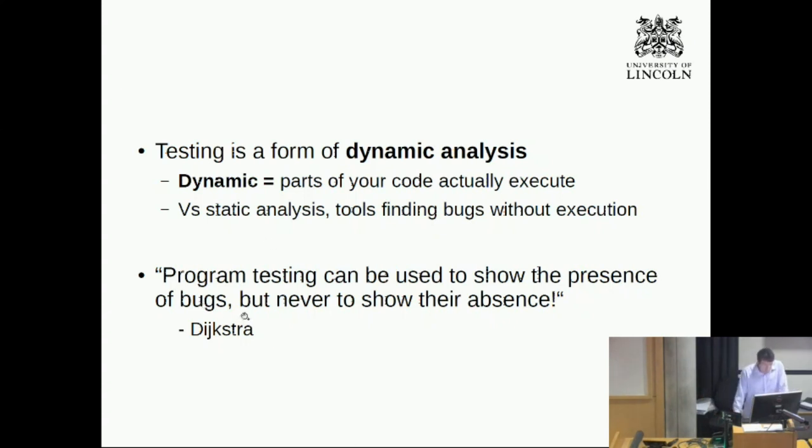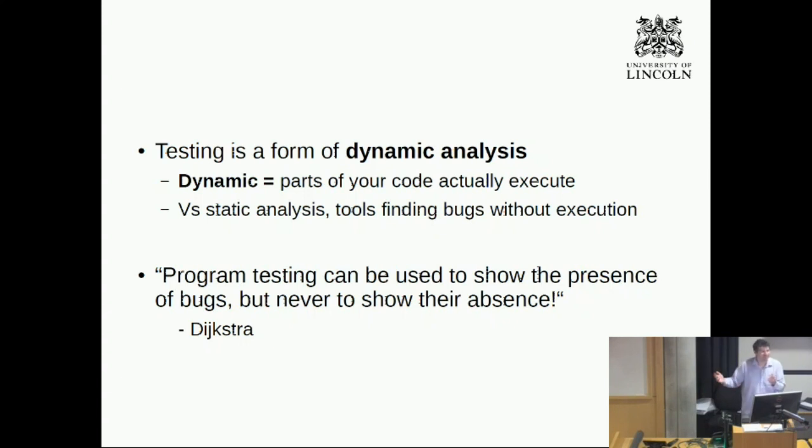Now, we need to be careful with testing because unlike formal proof and verification, program testing can be used to show the presence of bugs, but never their absence. Okay? So say you've written your addition function again, takes two inputs, makes an output. You can write as many tests as you like. You could say check that 2 plus 3 equals 5 and 1 plus 1 equals 2 and 0 plus 0 equals 0.